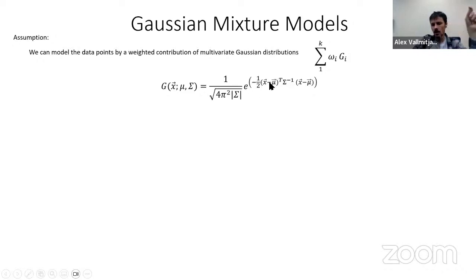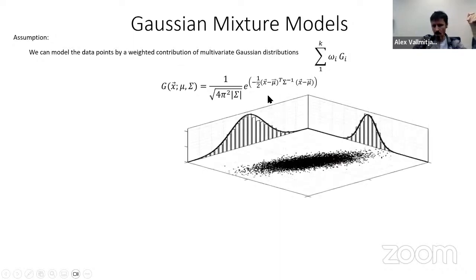Since it's 2D, it's not x squared, it's a vector times a matrix times a vector, but it's x to the square. At the end, this function tries to model the equivalent of the one-dimensional Gaussian in two dimensions.